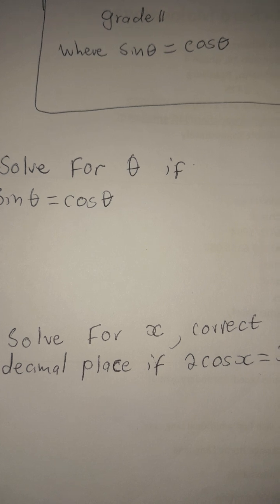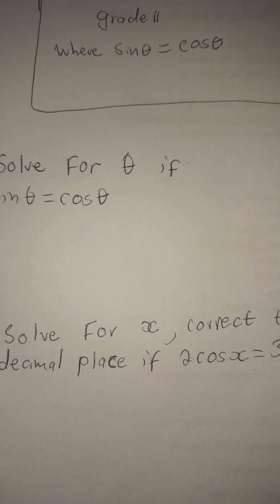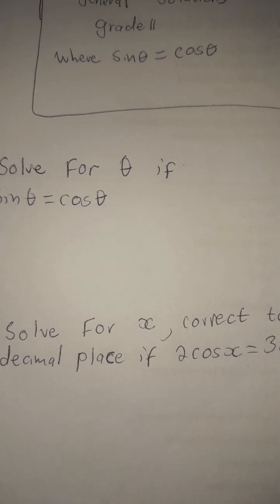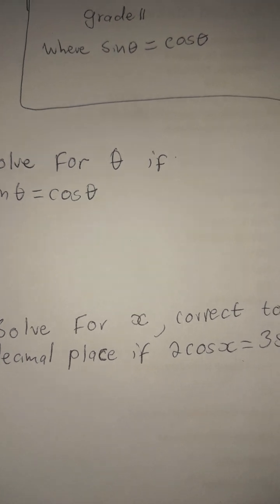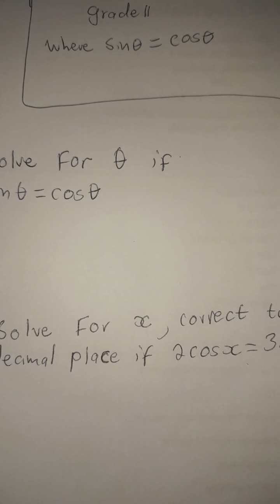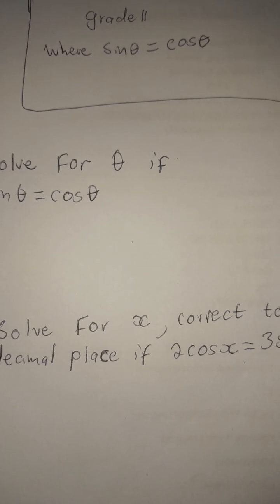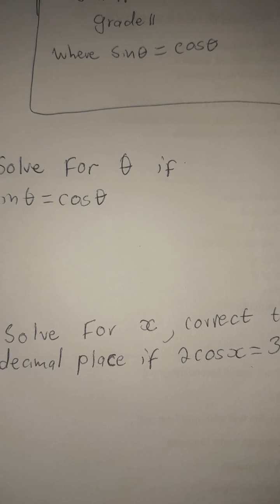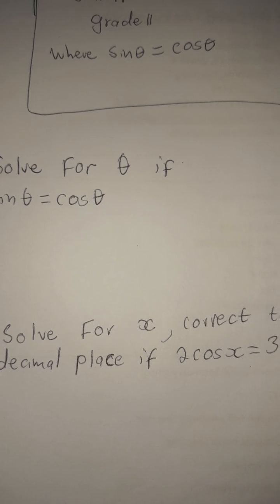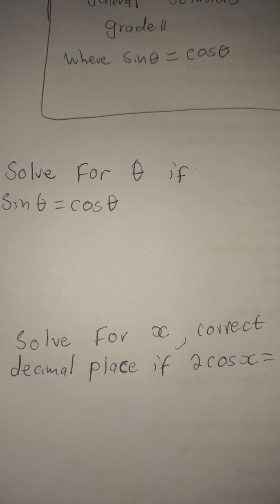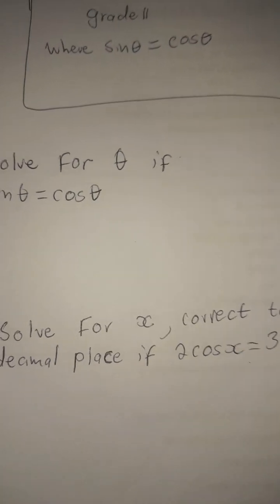Well, to answer that question, we'll divide by cos because we want to make this equation a quotient identity. Remember when we did identities, we said that sine all over cos will give us tan, which is a quotient identity. That's the reason for dividing by cos.